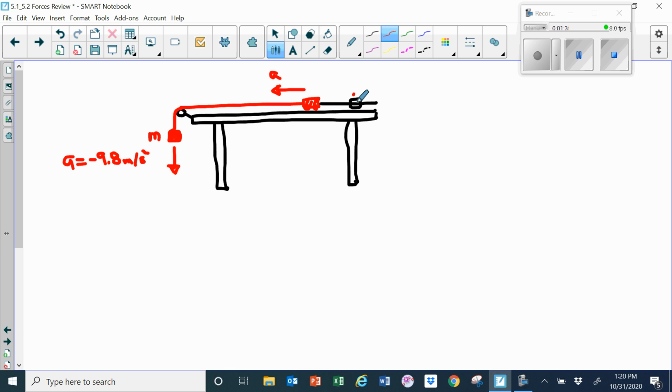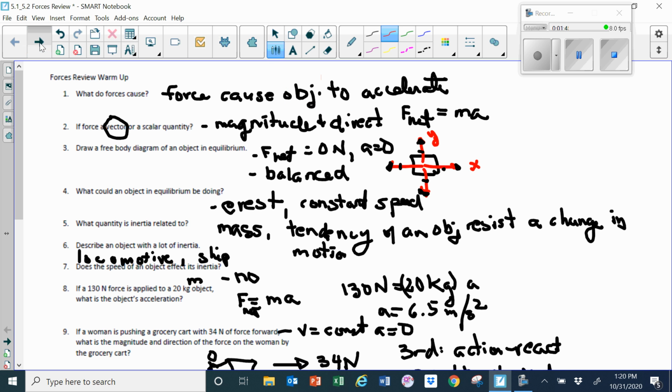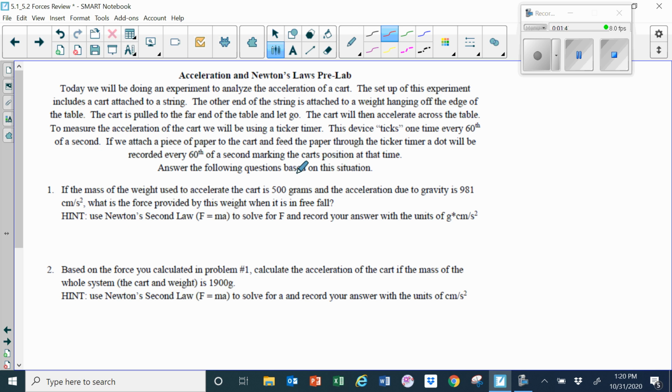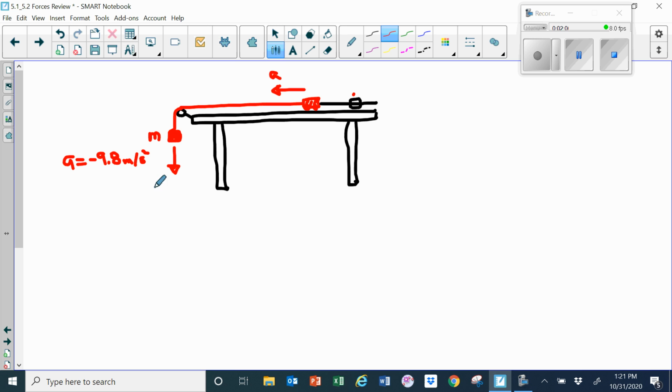So let's talk about a few questions about this. The mass of the weight that we're going to use here is 500 grams. And we're going to change the acceleration of gravity.